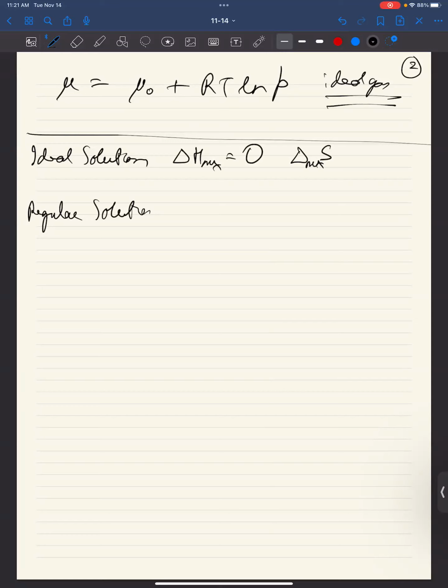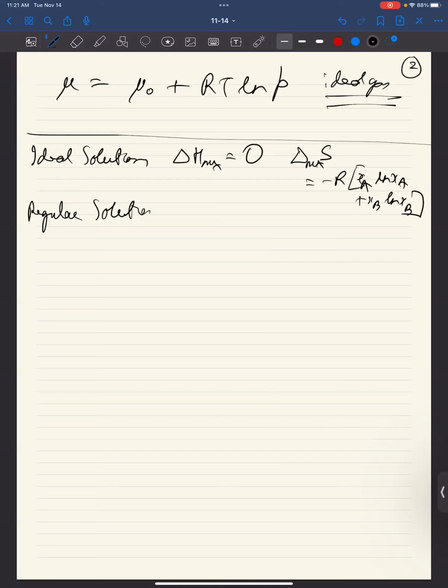Oh, it's the most beautiful expression in thermodynamics. It is minus R, X_A ln X_A plus X_B ln X_B, right? It's the same formula that Shannon has in his information theory.